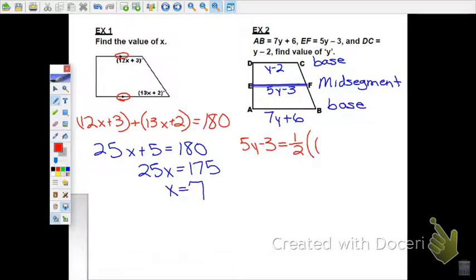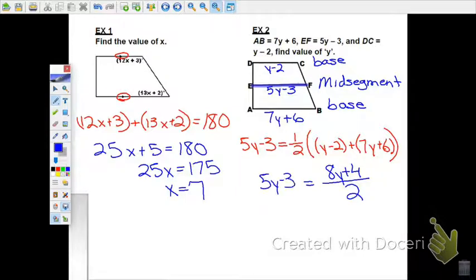So I'm going to add the y minus 2 and the 7y plus 6. So when I work inside my parentheses, I get 8y plus 4. I'm going to take half of that, or you can think of it as dividing by 2. Multiplying by 1/2 is the same as dividing by 2. That is equal to 5y minus 3.